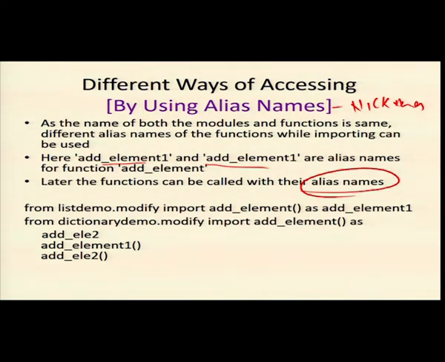So, from list demo dot modify, import add element as add element 1. This add element 1 is an alias name. From dictionary demo dot modify, import add element as add element 2, and then I can call the two functions, add element 1 and add element 2. When you give an as, it acts as an alias name.